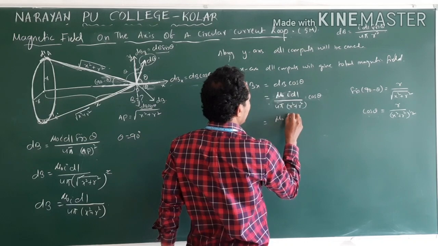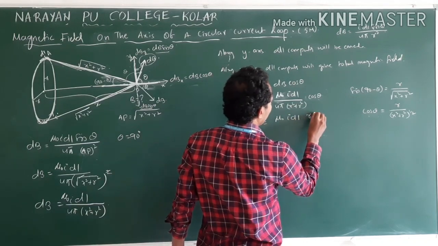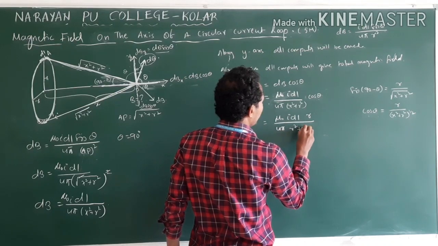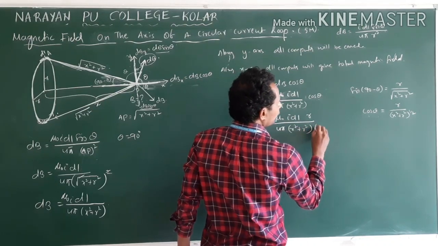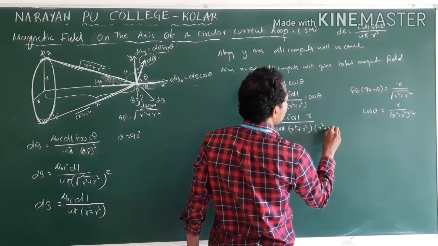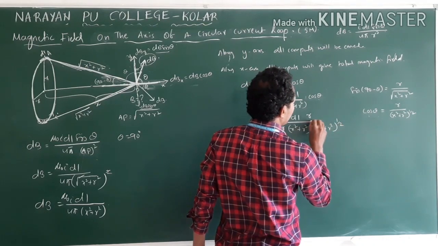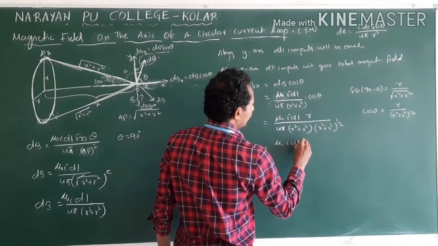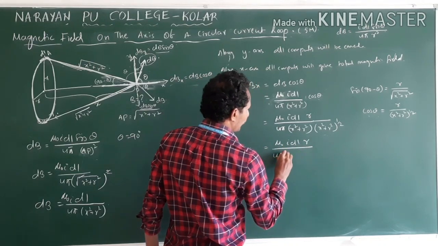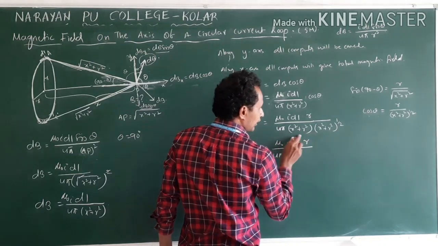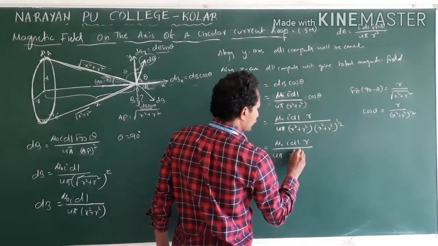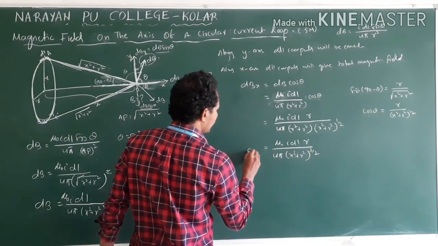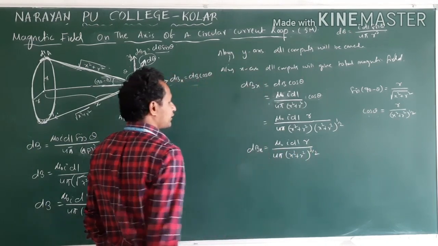Mu naught I dl r by 4 pi x square plus r square into x square plus r square whole power 1 by 2. Bases are equal, so add the powers: mu naught I dl r by 4 pi, x square plus r square whole power 3 by 2. This is dBx.